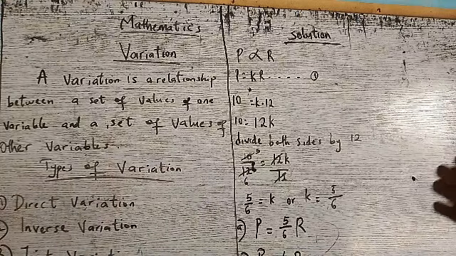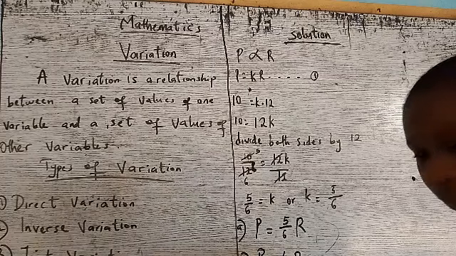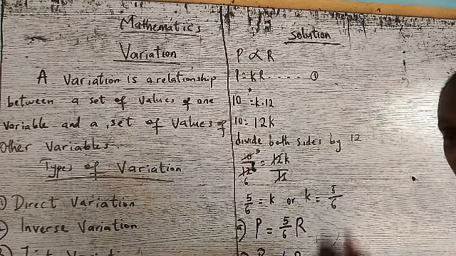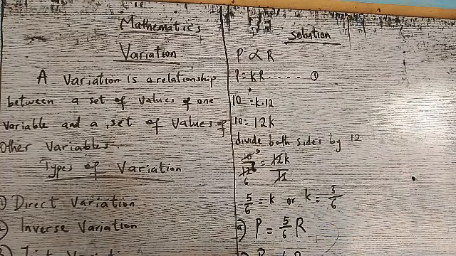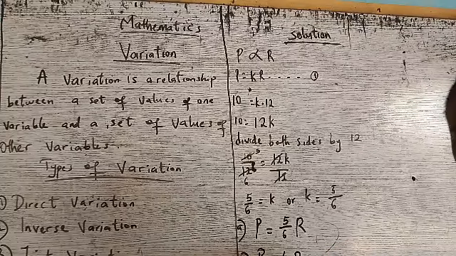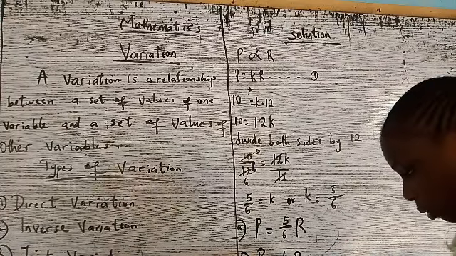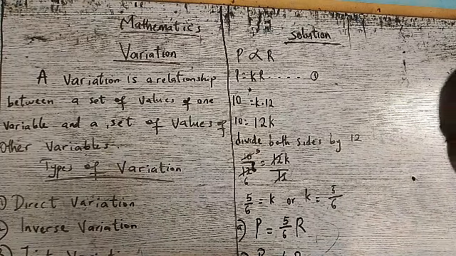Looking at this now, how many times will 5 appear in 36? 5 times 7 is 35. So 35 will appear in 36 7 times. It will still remain 1. In basic class, we can count 1 to 36 and use 5 to divide it, but in upper basic, we use our tables. 5 times 7 gives me 35.